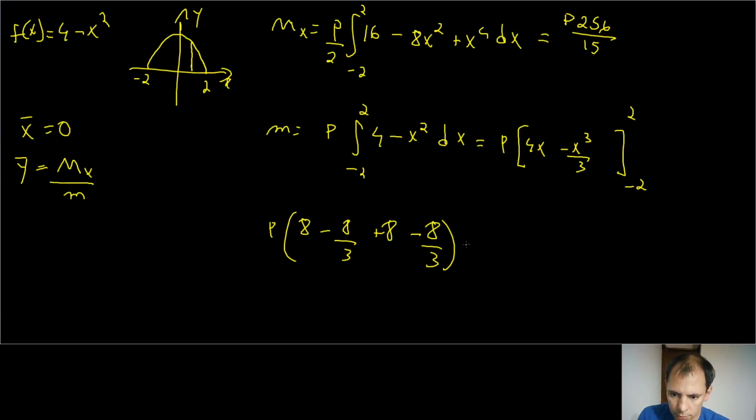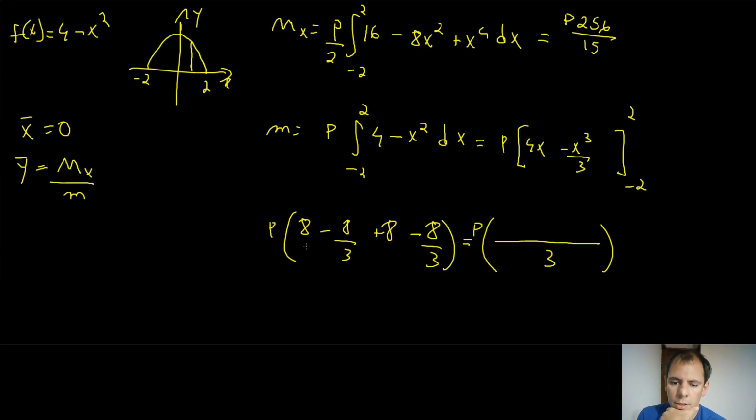So you got a p here, and then you have this thing, that'll be 3. Now, I'm just going to consider, you see, you got an 8 and an 8, minus 8 thirds, minus 8 thirds. So these 8s in here, I'm going to consider them 16 and just discard this stuff.